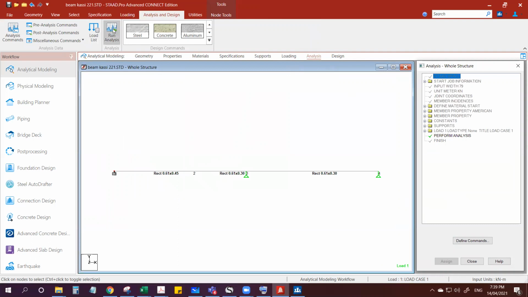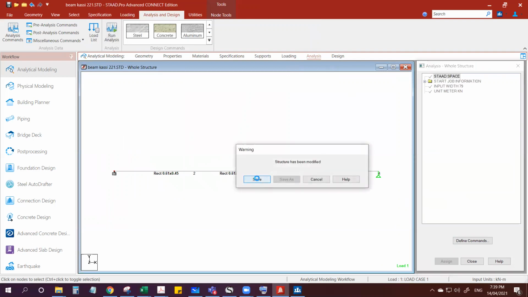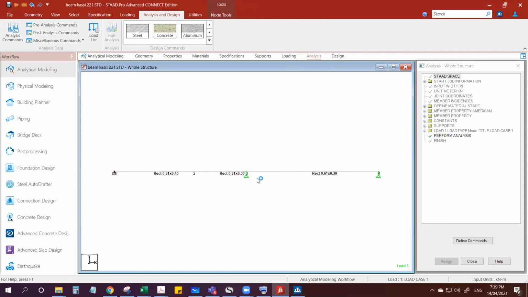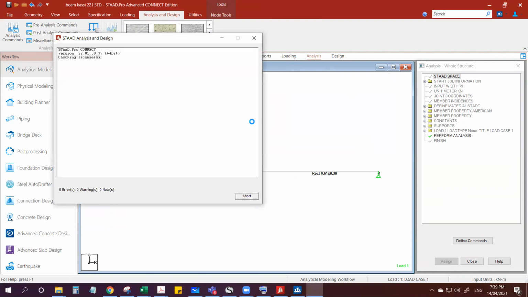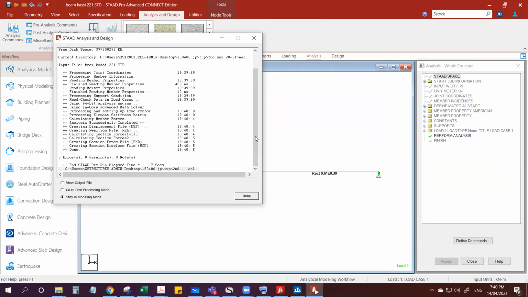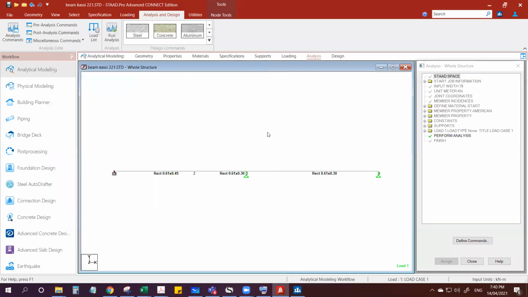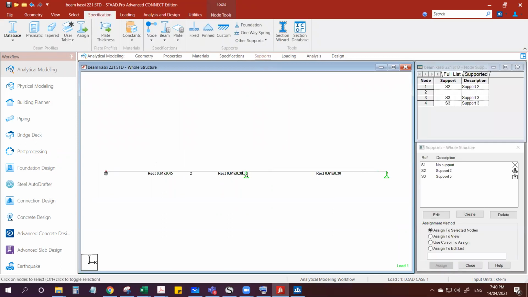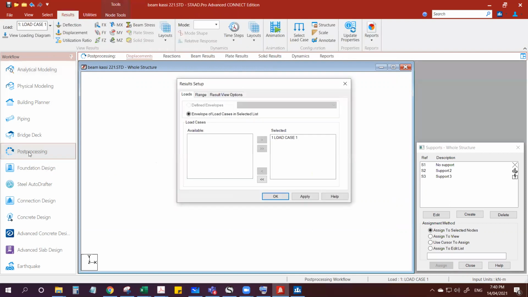Okay, and then run analysis. Okay, so no errors. And click done. Let's find our support reactions. Post-processing.